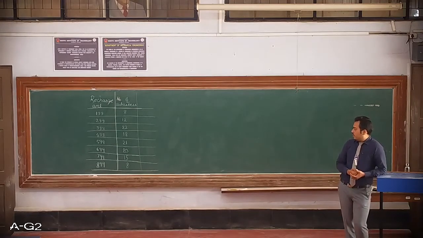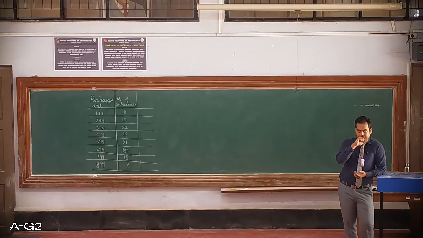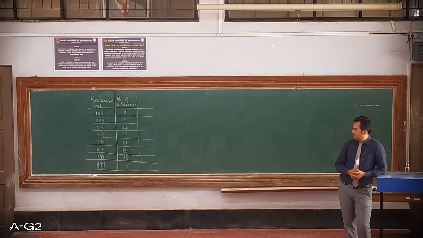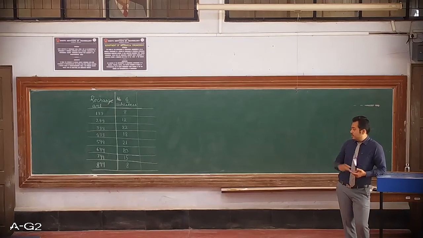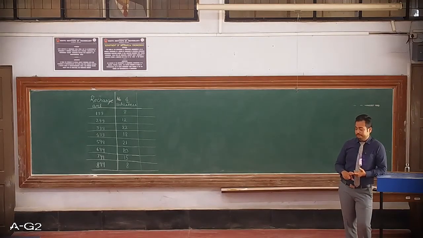Now from this, 22 is the maximum one, which has the maximum frequency, but after 399, which has the maximum frequency 22, we have 599, which has frequency 21. The difference between the frequencies is hardly one.